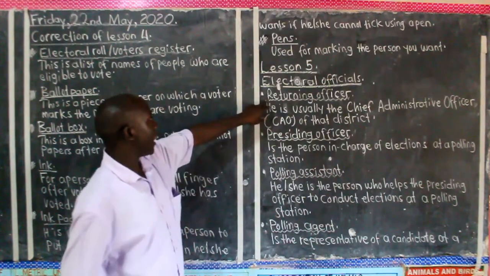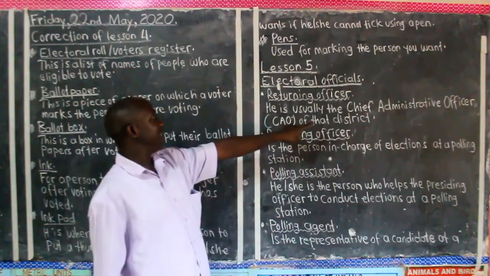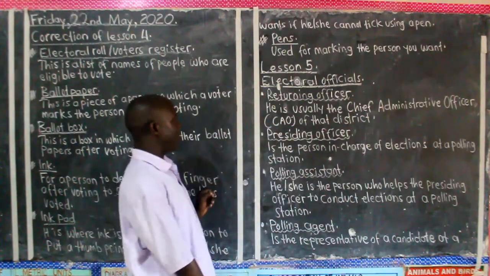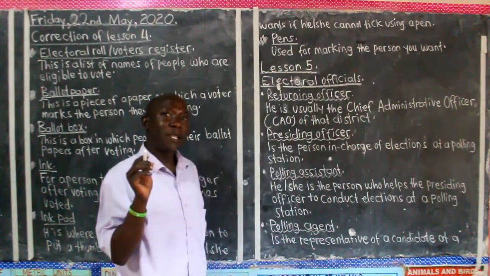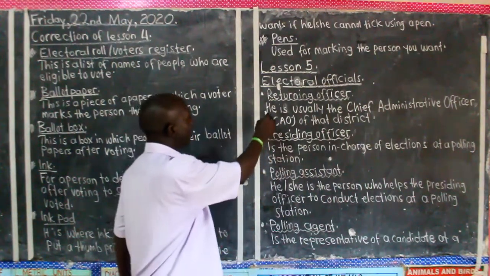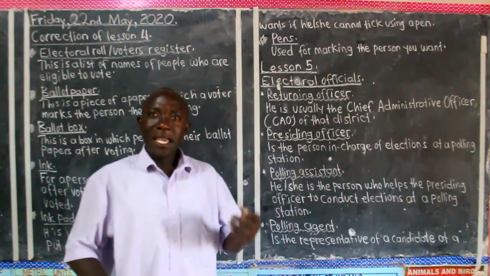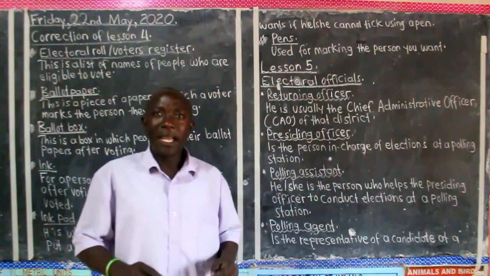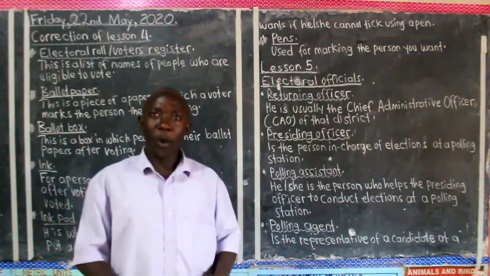So we have the returning officer. The returning officer, he is usually the chief administrative officer. In short, is called the crown of that district. Remember, this person can be a he or a she, and he or she makes sure that elections are going on well.